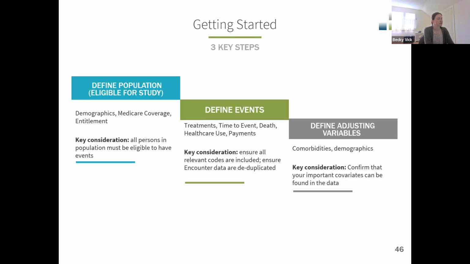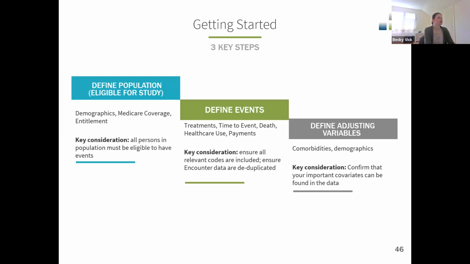And there are three key steps to getting started with your research project. First is defining your population of study using variables like enrollment and demographic information. You need to define the events you're interested in, such as particular treatments or time to a certain event, death, healthcare use, or payments.